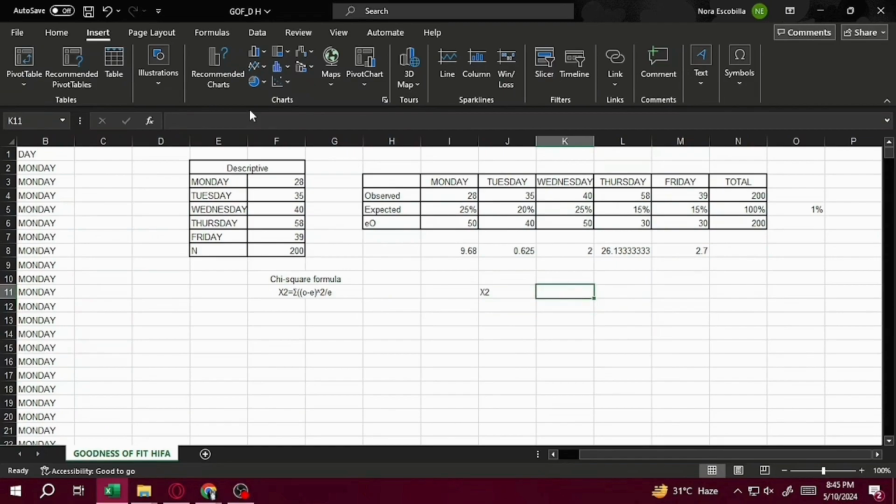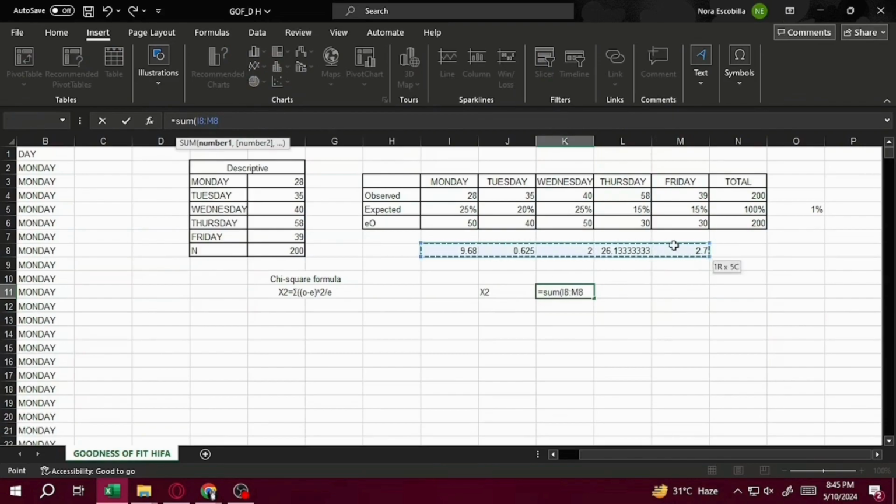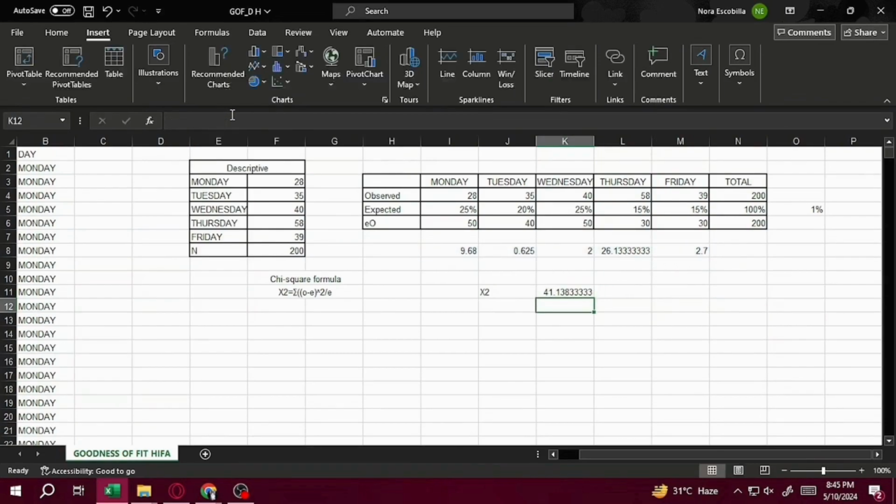So after computing all of these, all we need to do is write chi-squared and sum all of the values that we have. So we have 41.13 or 41.14. So that's our chi-squared value.